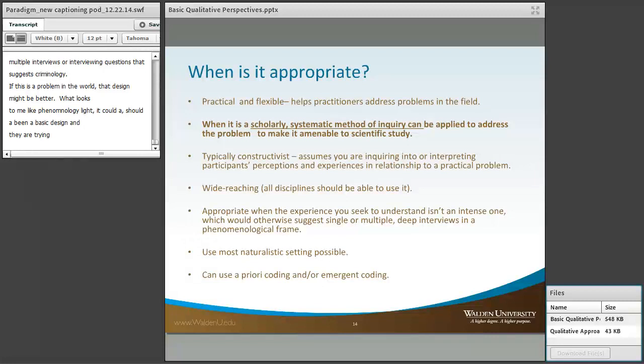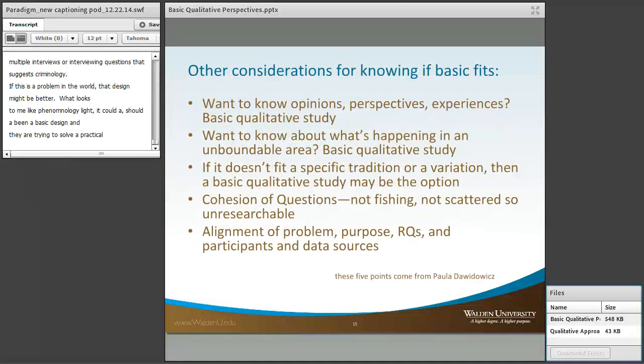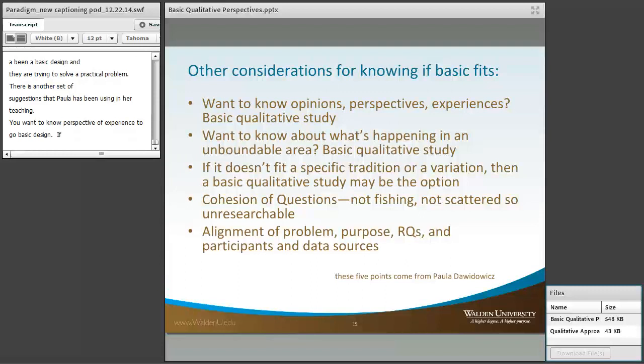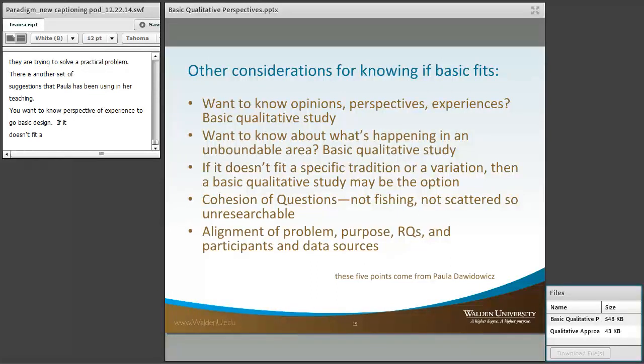They're trying to solve a practical problem. And then there's another set of suggestions that Paula Dewitowicz has been using in her teaching, and also in my school. Do you want to know some opinions, perspectives, and experiences? Go to basic design. If you want to know something about something, but it's an unbounded setting, consider basic design, if it doesn't fit a specific tradition or a variation.